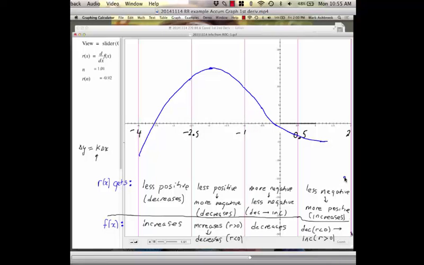There's one moment here for some x value where the y value pauses in its value and y changes from decreasing to increasing. Okay, so let's see how we did.